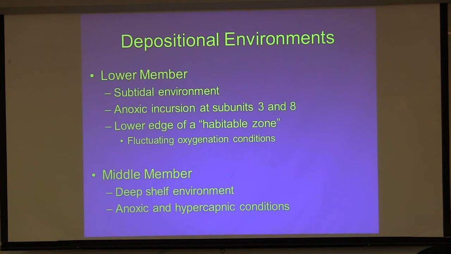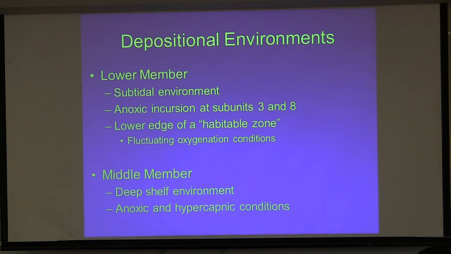So what does this tell us about the depositional environments? The lower member was a subtidal environment. There were most likely anoxic incursions at subunits 3 and 8, as shown by the anachronistic facies in those two units.